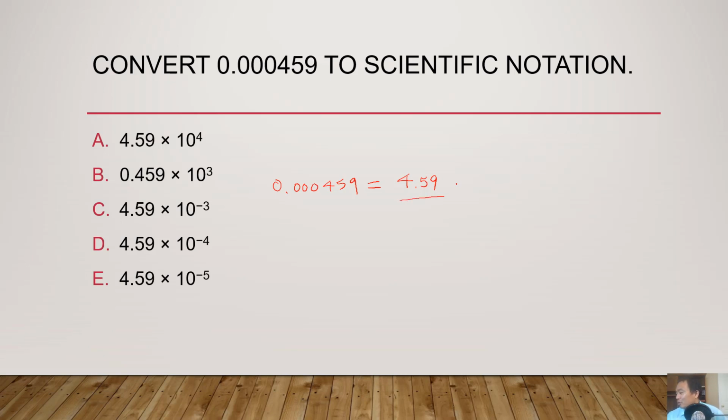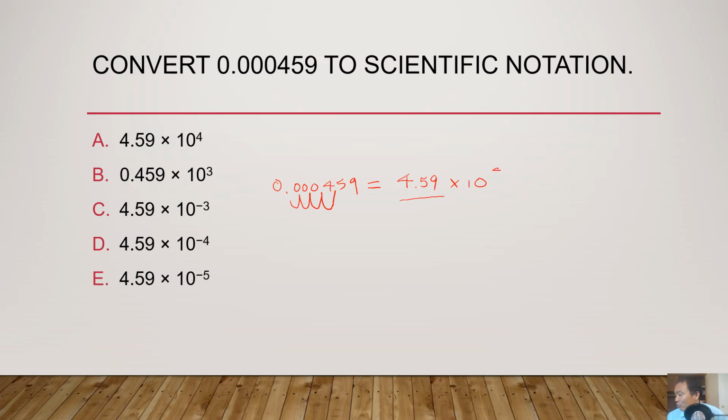So you write that first. Then it's 10 raised to a certain number. So what is that number? So let's count how many times you need to move the decimal point. 1, 2, 3, 4. So apparently it's 4 times.